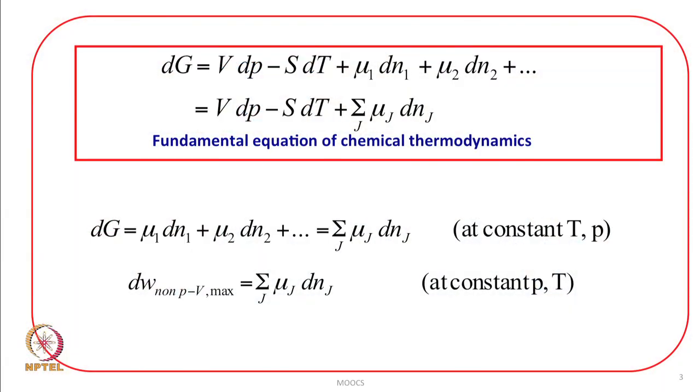Let us take a look at the slide. At constant pressure and temperature, the maximum non-pressure volume work can be obtained from the knowledge of chemical potential and the changes in composition. What it tells is that when the composition in a system changes, that change in composition can be used to extract non-pressure volume work.